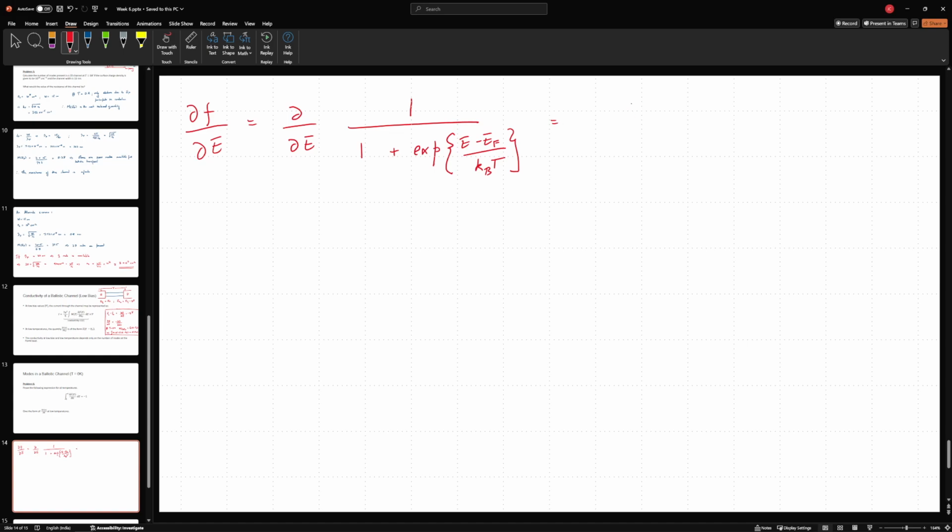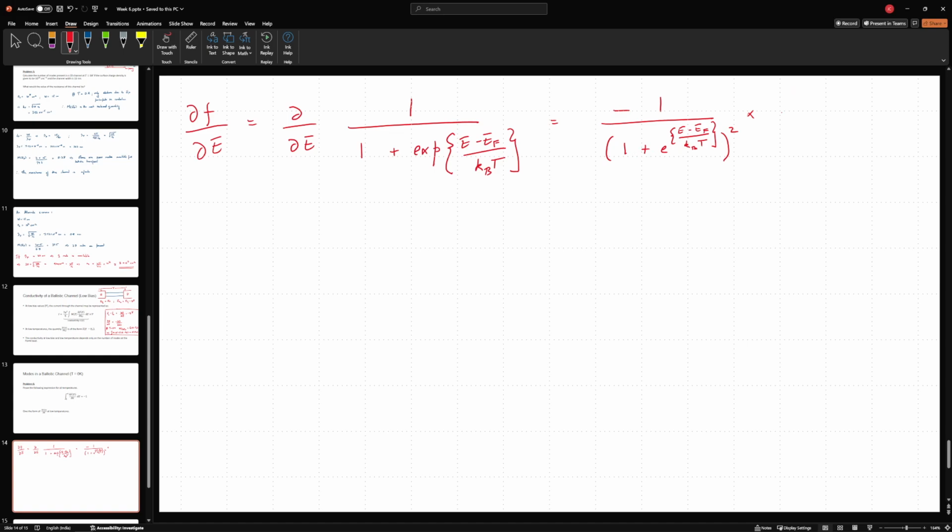So this is equal to minus 1 divided by the square of this quantity, 1 plus e to the power E minus EF upon KBT, whole squared, into the derivative of this quantity.